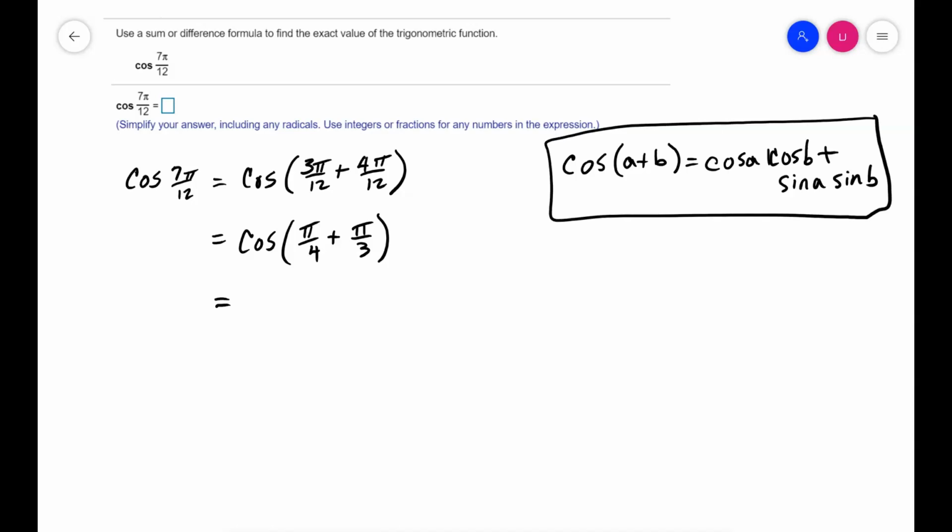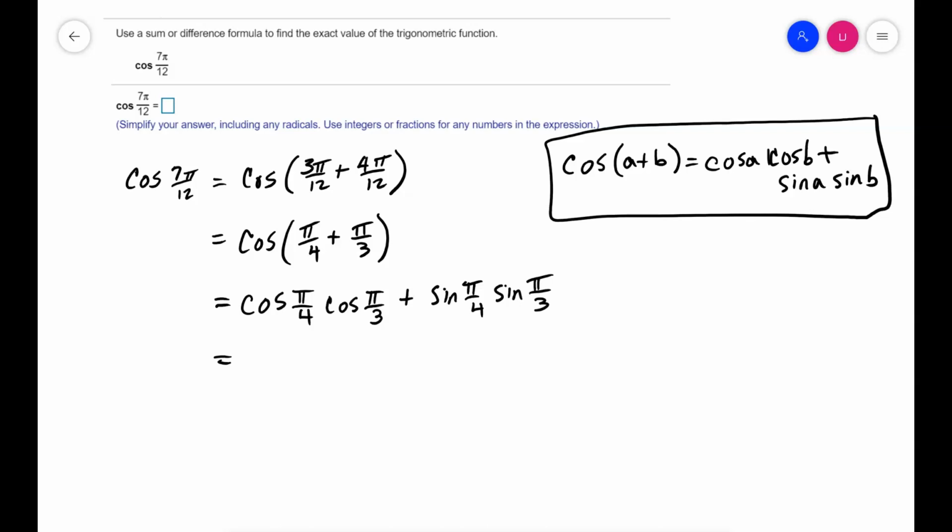In this case, A is pi over 4, so we have the cosine of pi over 4, and B is pi over 3, times the cosine of pi over 3 plus the sine of pi over 4 times the sine of pi over 3.